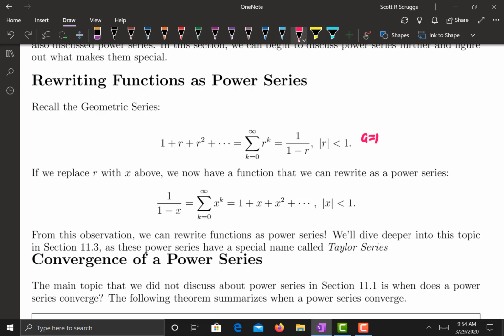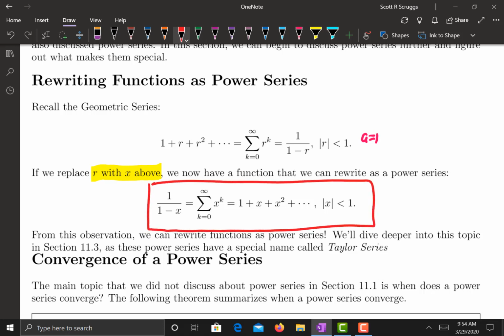In this case, I can replace r with x and get a function representation, where I can rewrite the function 1 over 1 minus x as the sum from k equals 0 to infinity of x^k when the absolute value of x is less than 1.